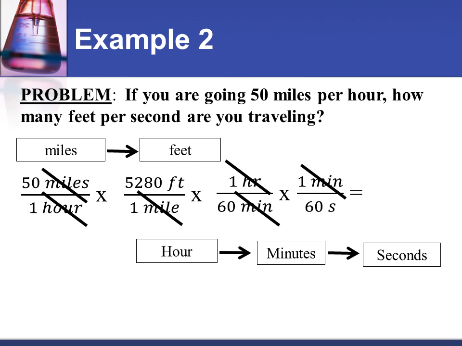Minute cancels with minute, so that leaves me with the unit feet per second. And that was the unit I was asked to find. Once I have the unit, now I can do the math. Multiply all the numerators, divide by all the denominators, and I'll end up with an answer of 73.3 feet per second.